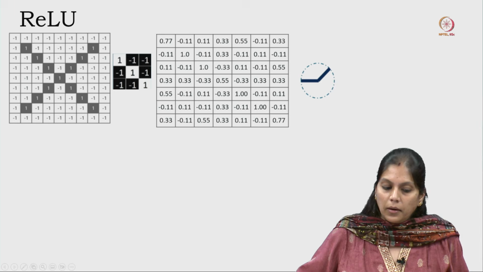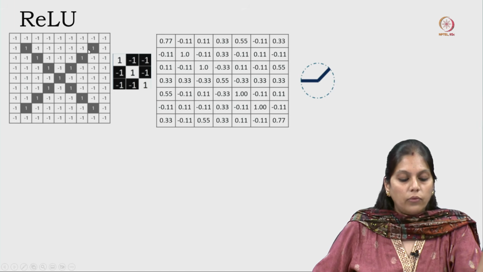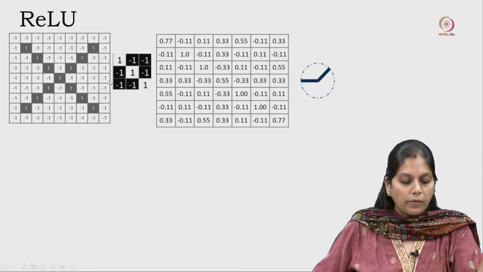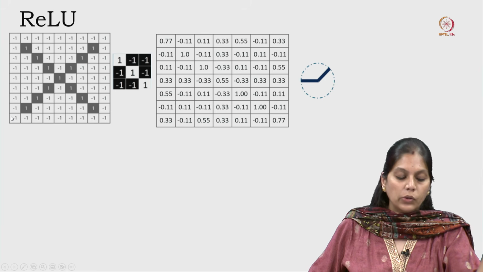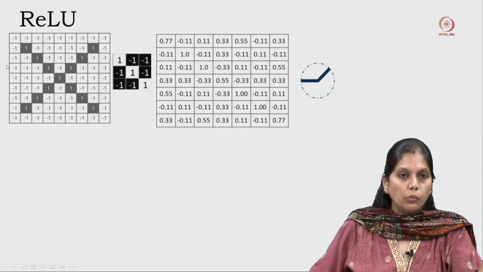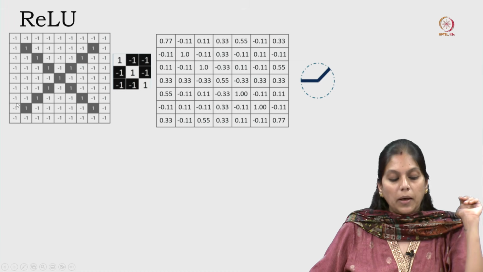So, if you take an example, this is one example of x, where all the values substituted here are 0. If you assume minus 1 as 0, it is all 0 which has been added at the borders, which means you have applied padding. So, there is a padding here, remember.